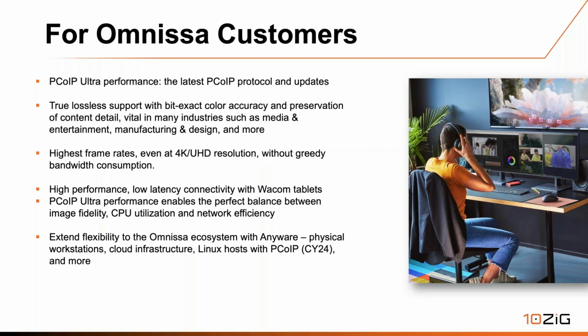So as some of the stats that Christina shared earlier, there's certainly vast improvements for PCoIP Ultra based on the original branch, the earlier version that Christina touched on, that features much earlier in Horizon, and enables a single high performance experience across not just physical workstations, but cloud environments and Linux or virtual hosts.